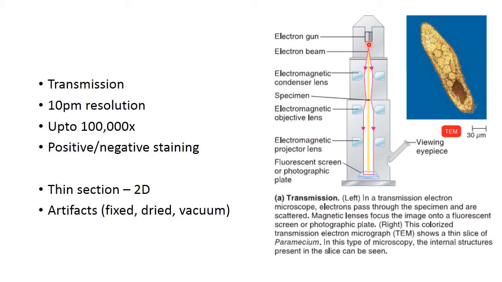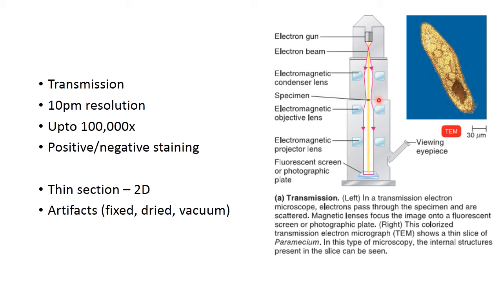So when the electrons move through this chamber, through the electron microscope, they are influenced by the electric field produced by the condenser lens, which is an electromagnet. Under the influence of that electric field, the electrons converge in the form of a beam, and then they are incident onto the specimen.